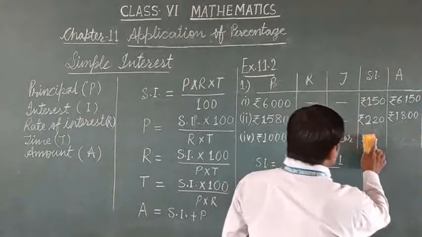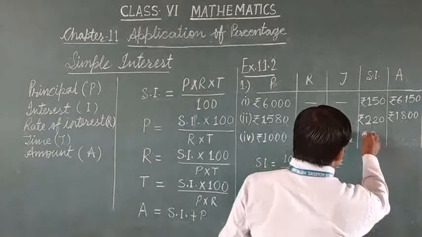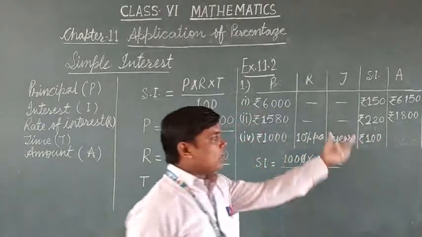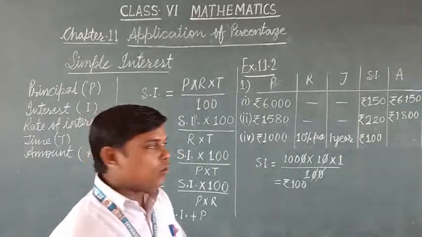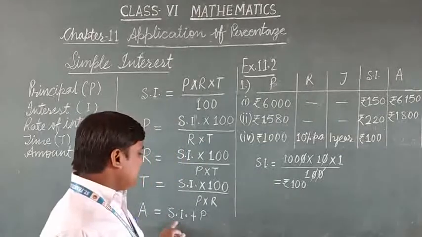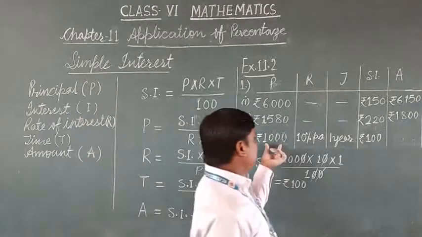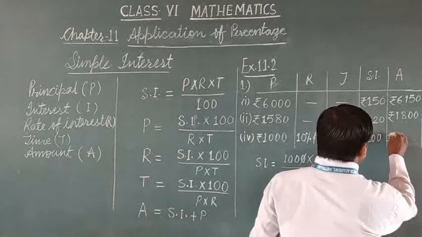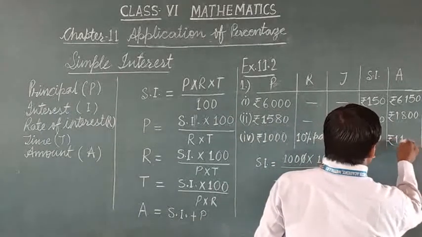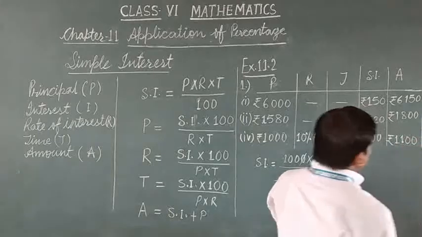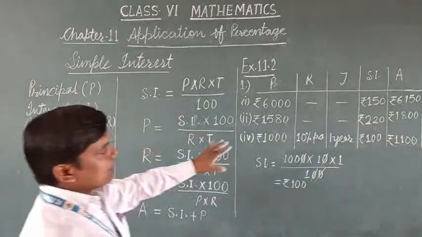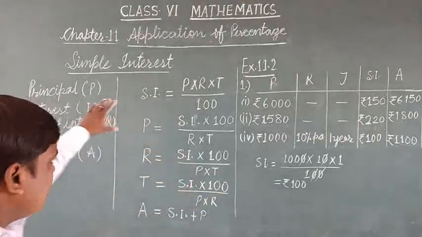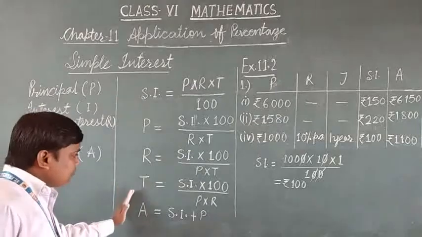Then we have to calculate amount. We know that amount is interest plus principal. Principal is 1000, interest is 100. So amount will be rupees 1100. In this way you can calculate each quantity given here.